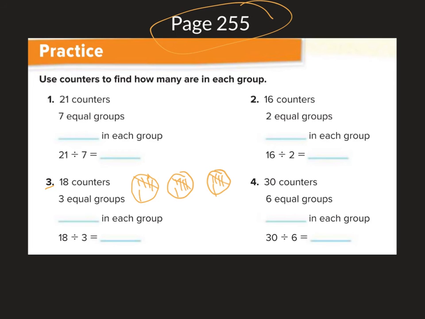We have how many in each group? 5 plus 1 more is 6. 18 divided by 3 is 6. Okay, I think we've got a good handle on that.